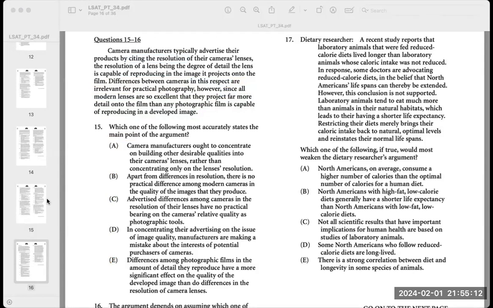If you're on LawHub, then you're going to be looking at section 2 for this one rather than section 1. On LawHub, they moved everything around so that for the vast majority of the tests, section 1 is games, 2 and 3 are logical reasoning, and 4 is reading comprehension. So just keep in mind that the sections aren't going to match up from these PDFs to LawHub. All right, new share.